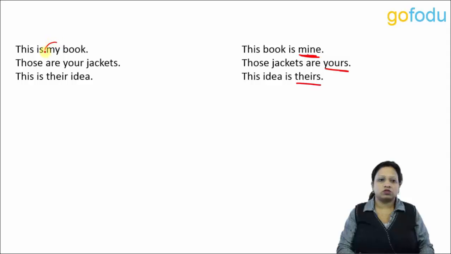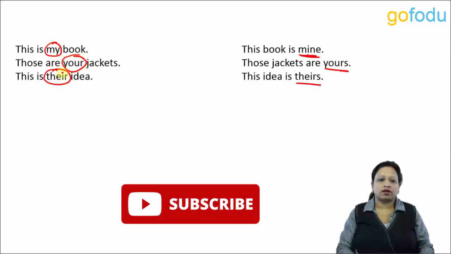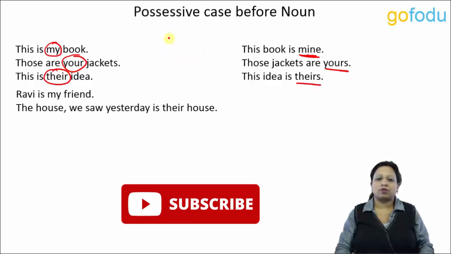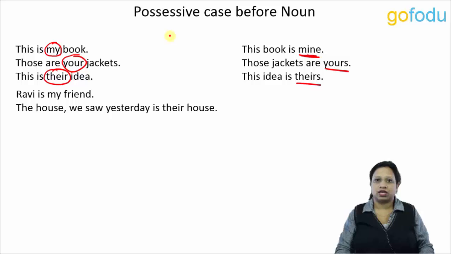Then what about these words? My, your, their. What about these? These actually are possessive determiners. Whenever a possessive case is used before a noun, it becomes an adjective or a determiner. Let's see two more examples. Ravi is my friend.